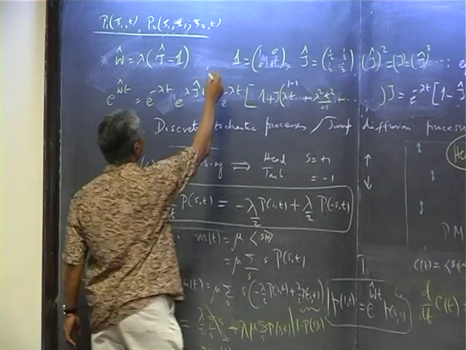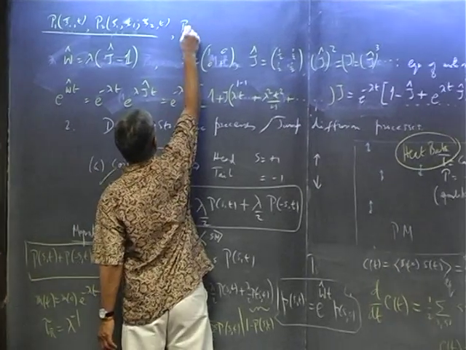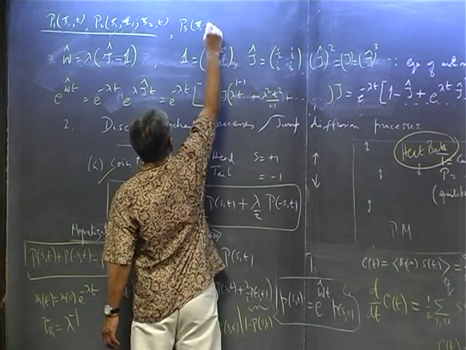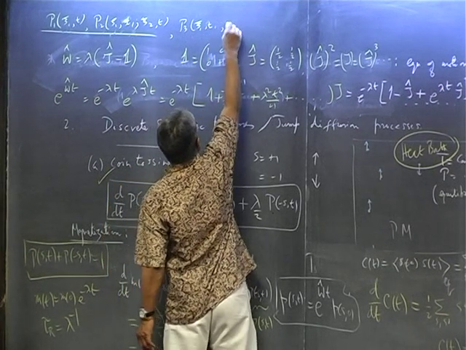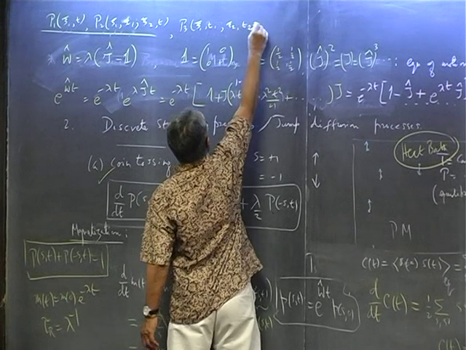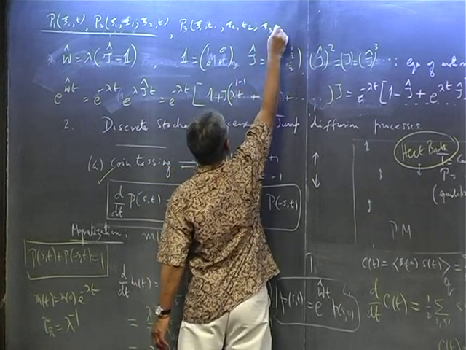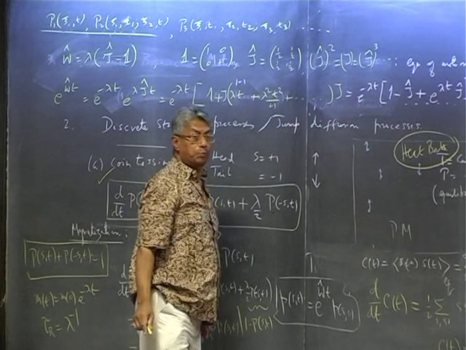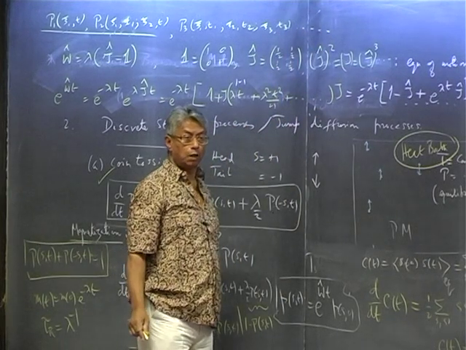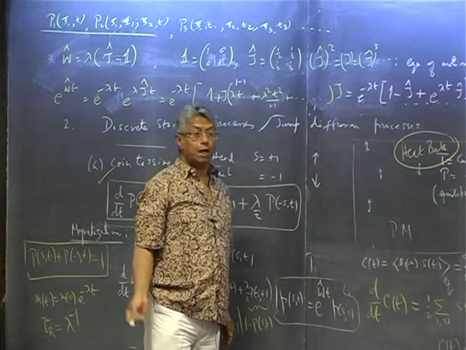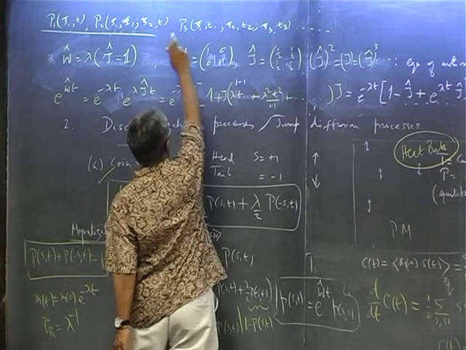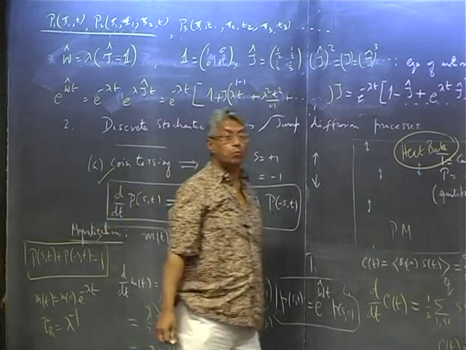And you need a hierarchy of them, up to the nth term. The Markov process says that all joint probabilities higher than 2 can be written in terms of P1 and P2.